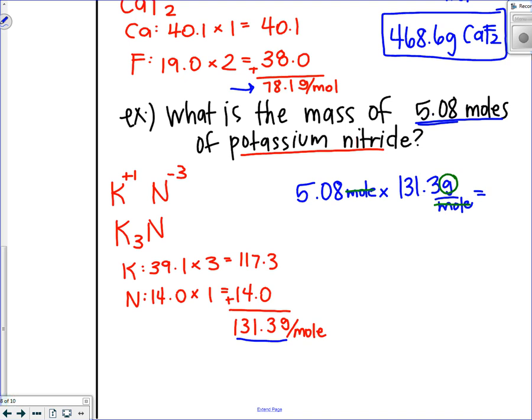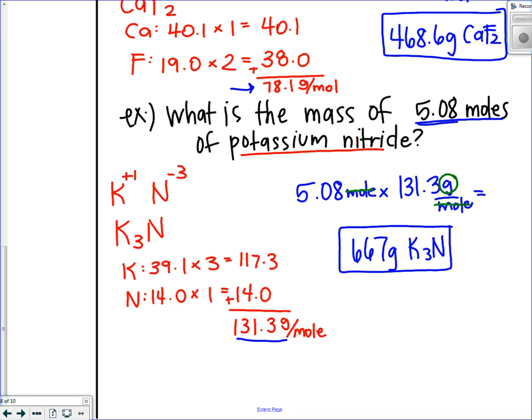And my answer will be 667 grams of potassium nitride. And that is how you calculate mass from moles, or converting moles to mass.